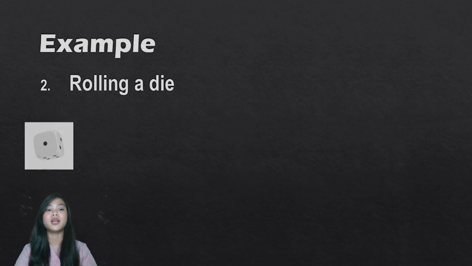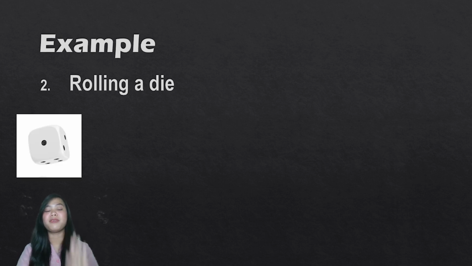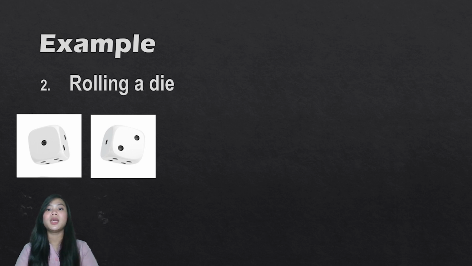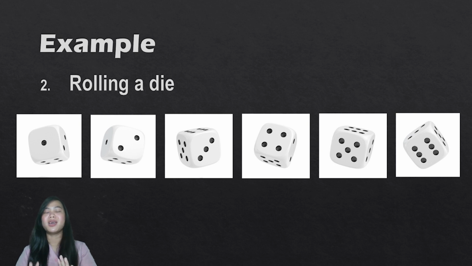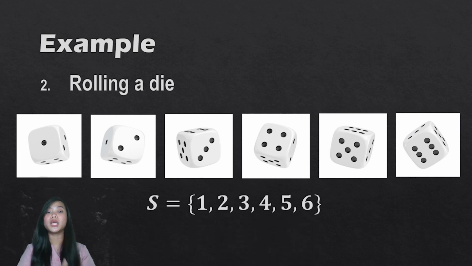We have 1 face with 1 dot, then 2, 3, 4, 5, and 6. If we reminisce about our time playing Snakes and Ladders, when we get 1, we just move 1 step, and so on. These are the possible outcomes of rolling a die. Since we have 6 faces of a die, we have the sample space {1, 2, 3, 4, 5, 6}.